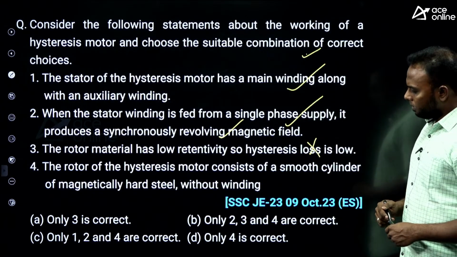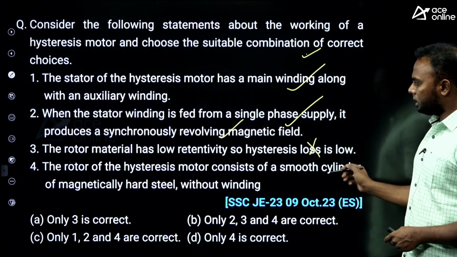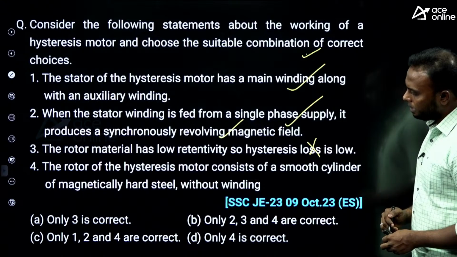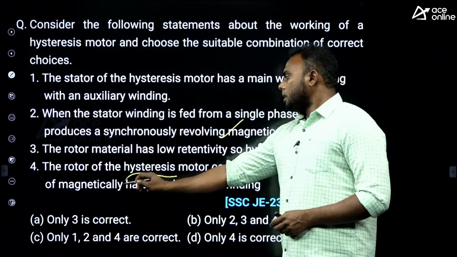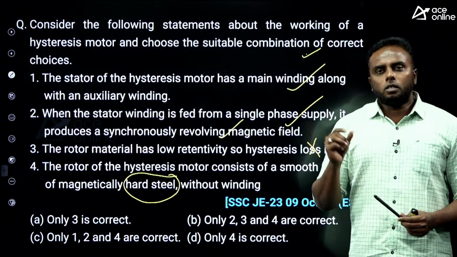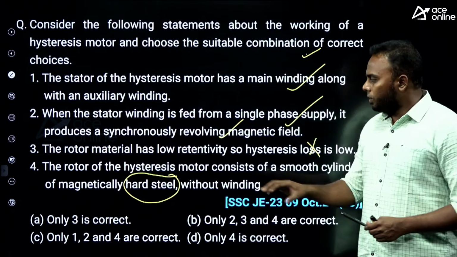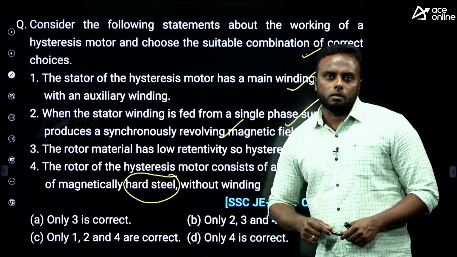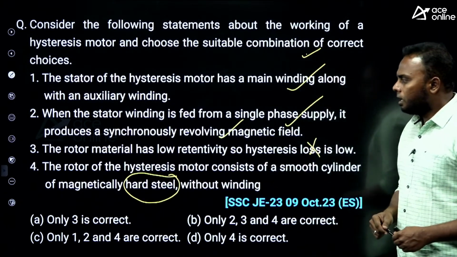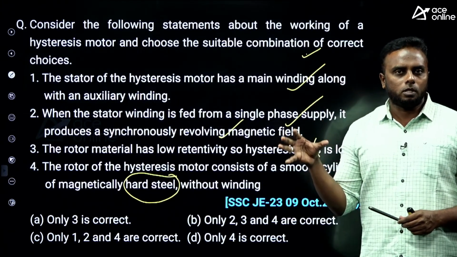Next, the fourth statement: the rotor of hysteresis motor consists of a smooth cylinder of magnetically hard steel without any winding on it. Yes. In order to have a large hysteresis BH loop area, we use a hard steel material in the outer layer, and the inner layer will have an aluminum frame just to reduce the weight of the rotor.